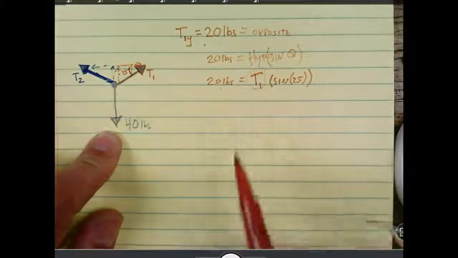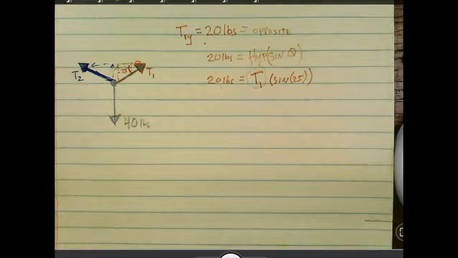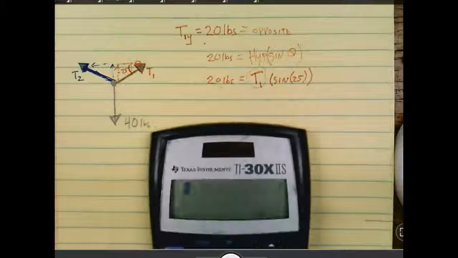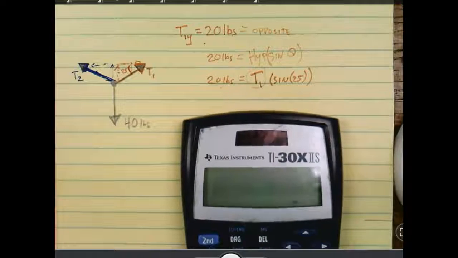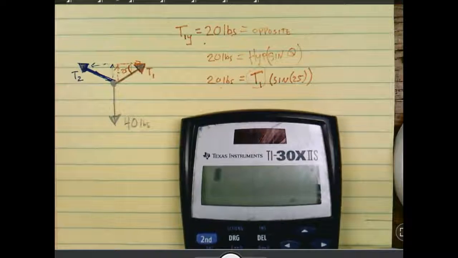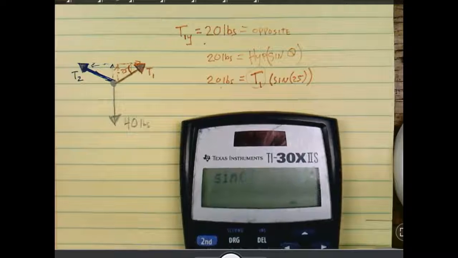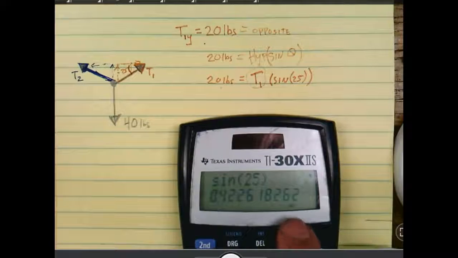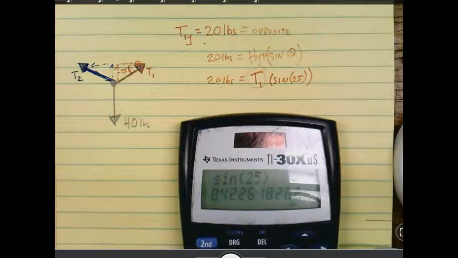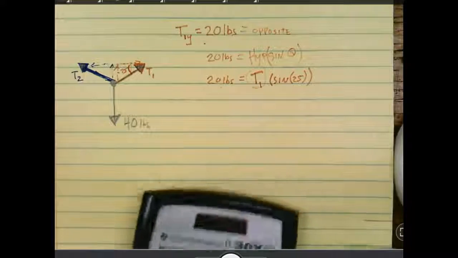Then we can go to our trusty calculator, and I can do sine of 25. I notice on my calculator that it's in degrees. It says degrees right there. And sine of 25 is 0.42.